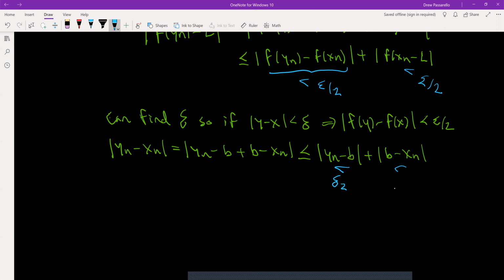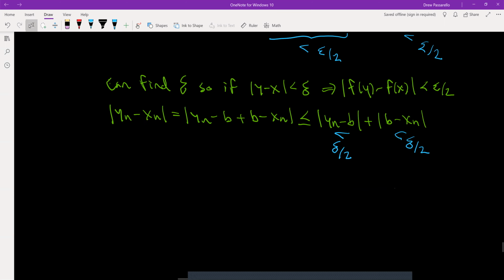And then this to be less than delta over 2, or delta divided by 2. So that's the absolute value of yn minus xn be less than delta. We need to find the indices so that this happens.